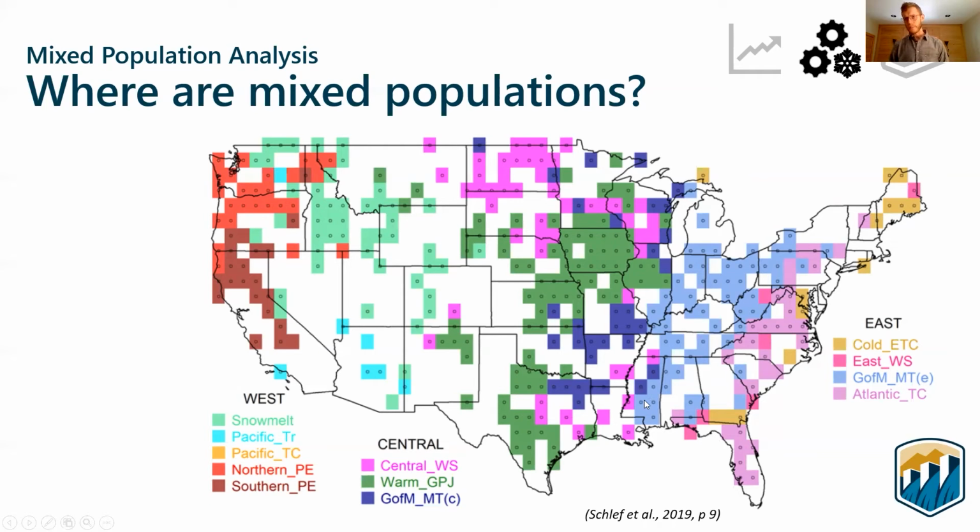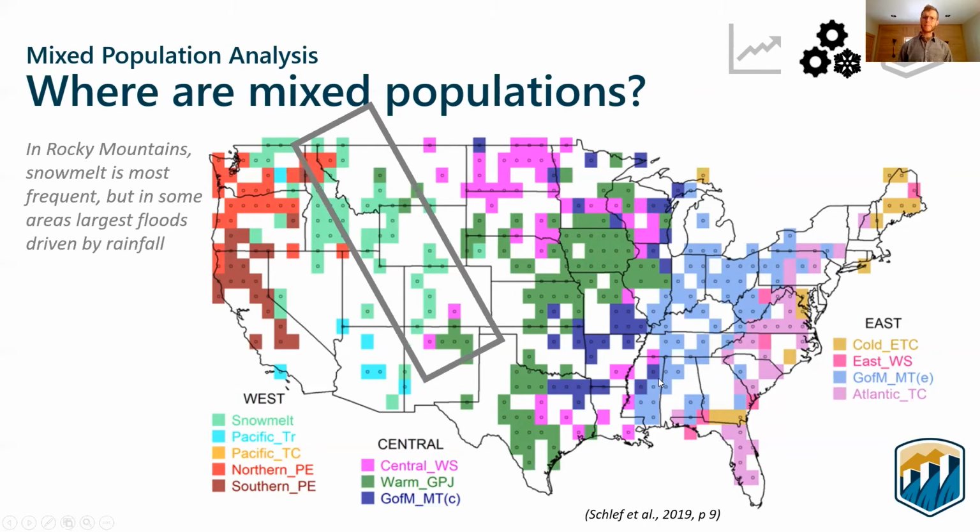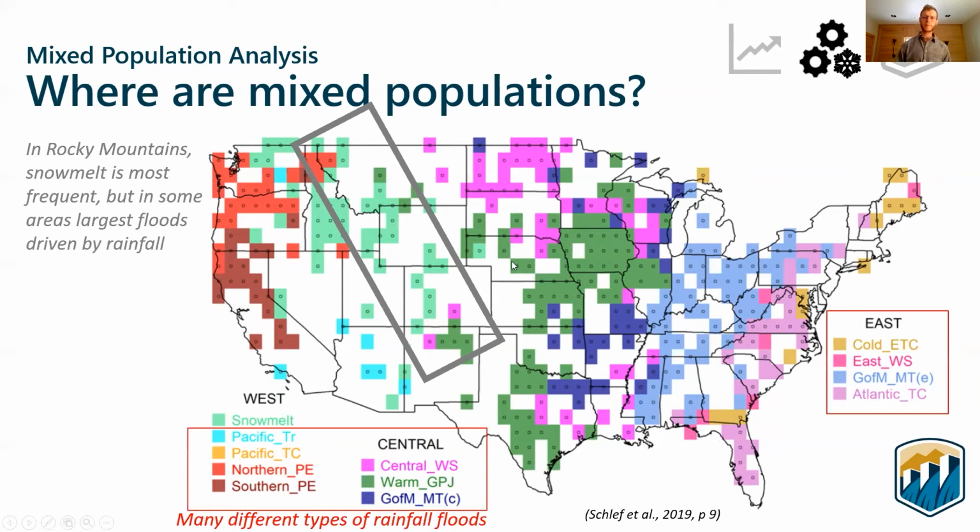For the Rocky Mountains, snowmelt is the most frequent cause of floods in most years and the largest floods at many sites. While that's true, there are also many types of rain-driven floods. In fact, most floods are rain-driven. You can even see in our region that you have multiple different types of mechanisms.